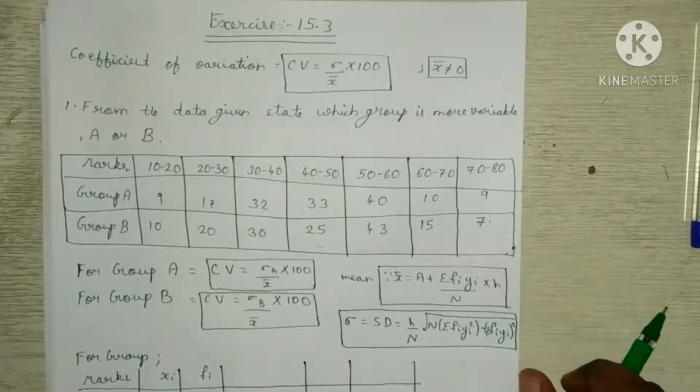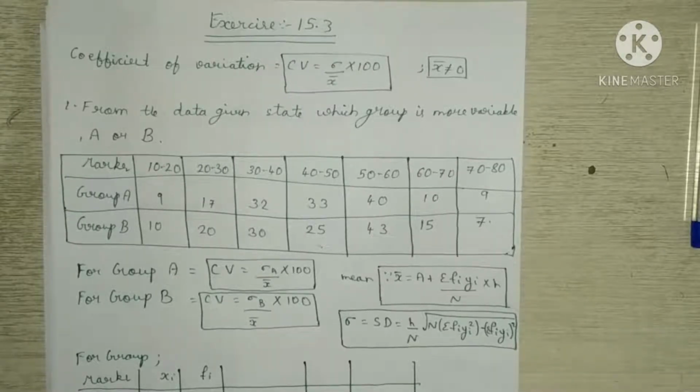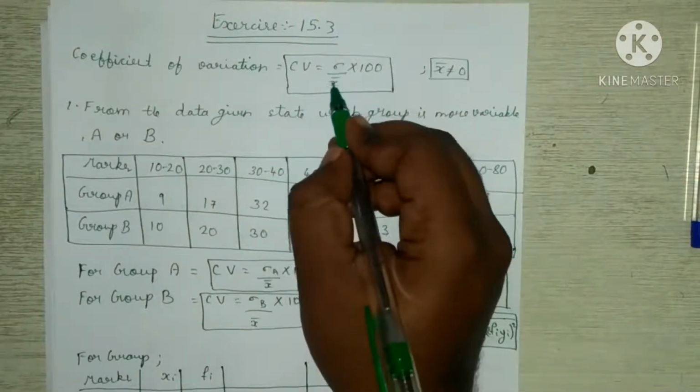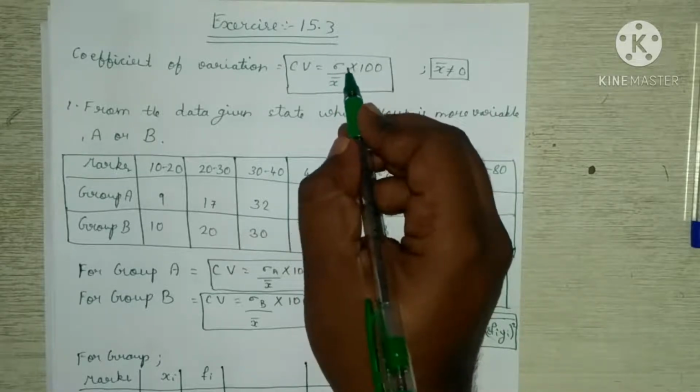Next we are going with exercise 15.3. The main concept in exercise 15.3 is the coefficient of variation. CV is equal to sigma by x bar. X bar is nothing but the mean, sigma is nothing but the standard deviation.